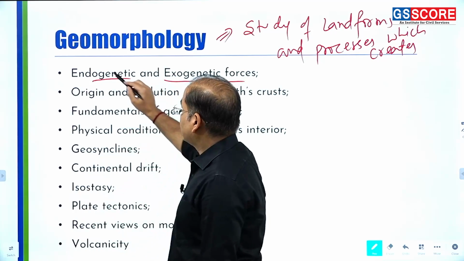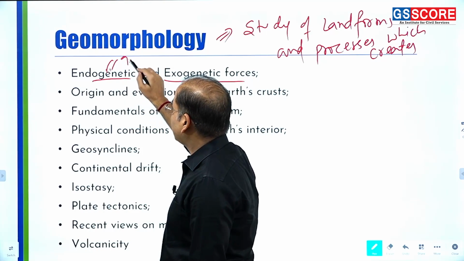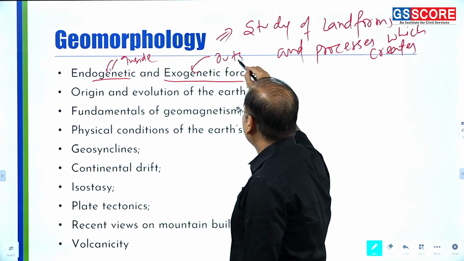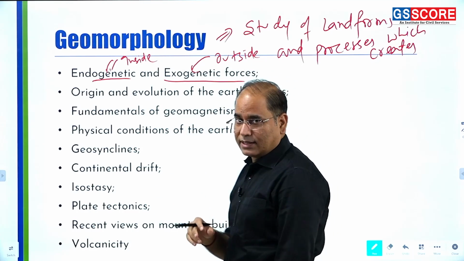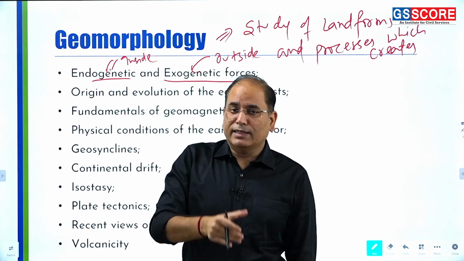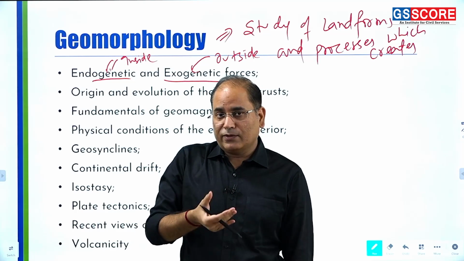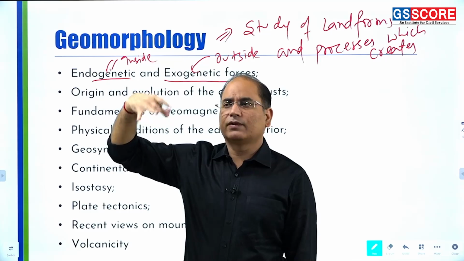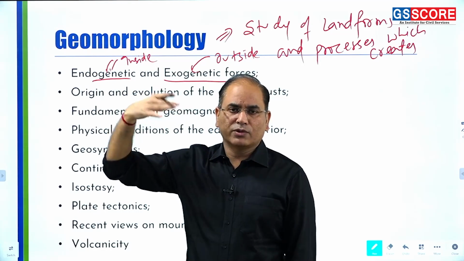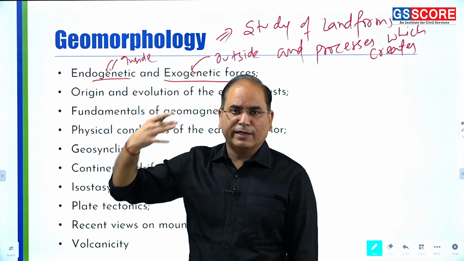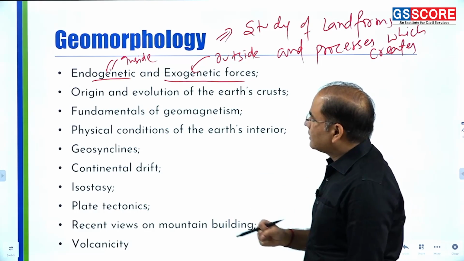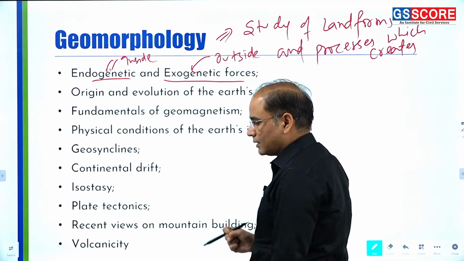So, endogenic are the forces that come from inside the earth, and exogenic from outside. So, the very first thing that you will need is an understanding of the interior forces, endogenic, and the outward forces that are applied on the earth's surface, mainly in the form of erosion and deposition, denudation, that is exogenic forces. The next is the origin and evolution of the earth crust.